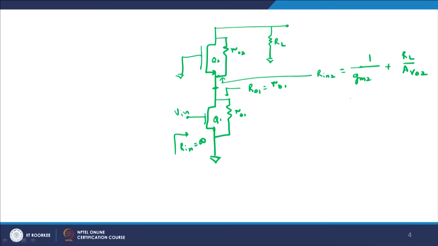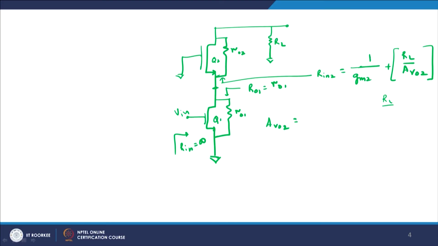Just look from the source side, and from the source side, the input impedance will be 1 by the transconductance of the device. So, that is what is written here, 1 by GM2, and why do you add RL by AV0? Because AV0 is basically the voltage gain. So, if you divide RL by the effective voltage gain, I get the input impedance at that particular point, because RL is the external load resistance which you see here.